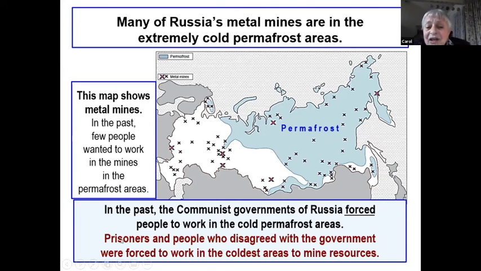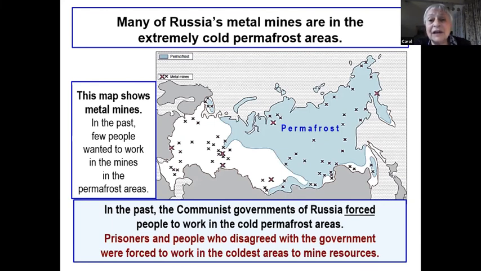And I'd like you to look at what's written in red. Since 1917, Russia has had communist governments, and for a chunk of that time, coming toward present, but probably not as much in present, Russia forced people to work in the cold permafrost areas. I have relatives I never met because my grandma and grandpa moved out of this part of Russia in 1912.